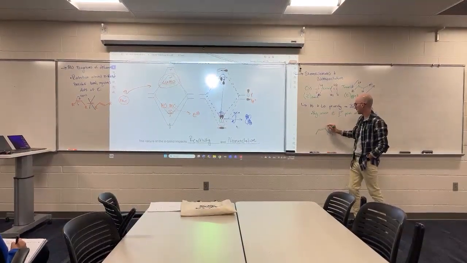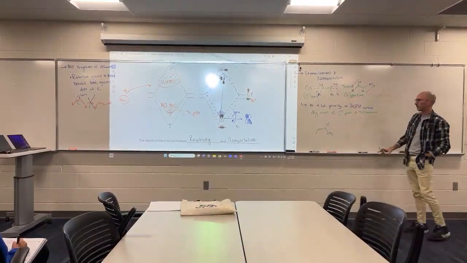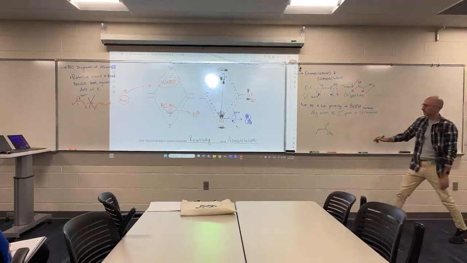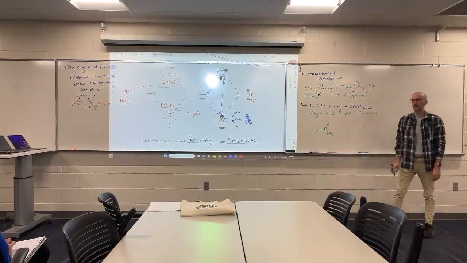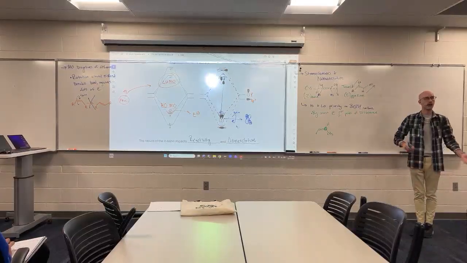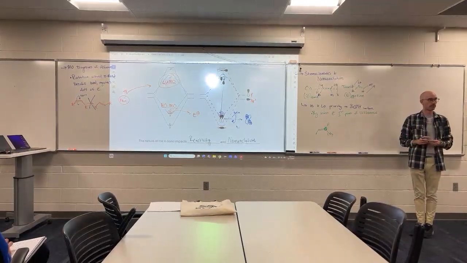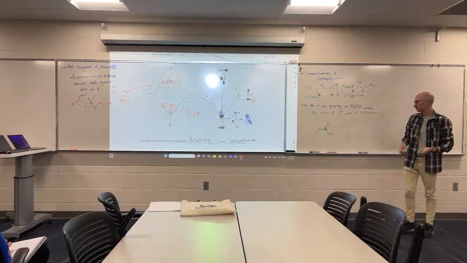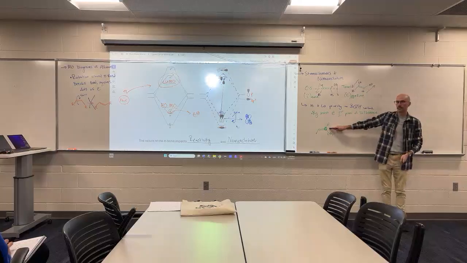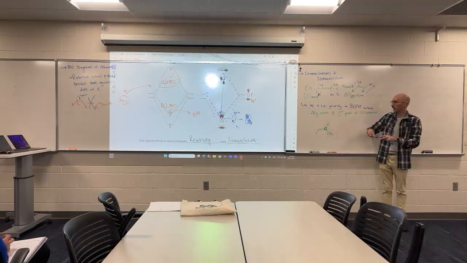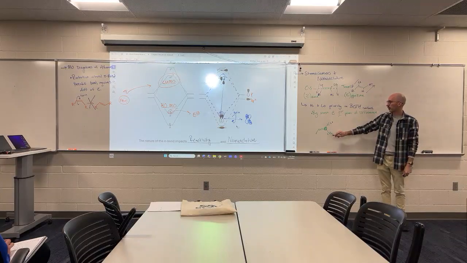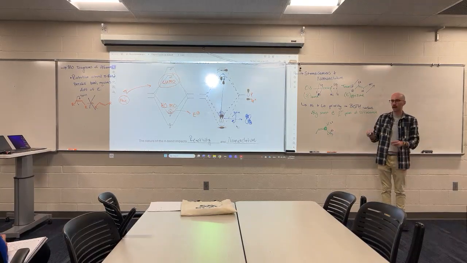But if I go in and explain a little bit more, yes, this carbon of the alkene is bonded to a hydrogen and a carbon. And I have to do this for both groups. But this carbon of the alkene is bonded to a hydrogen, low priority, and a carbon, high priority.